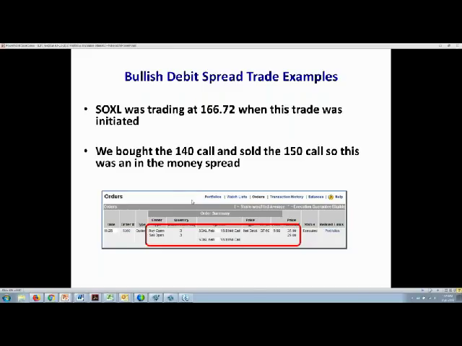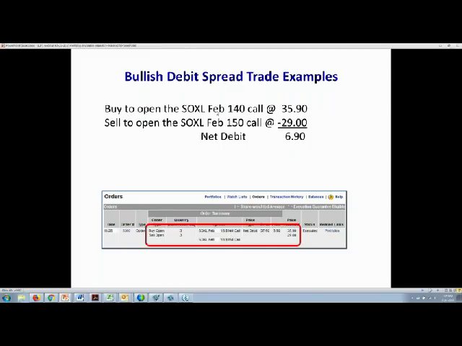At the time, SOXL was trading at 166.72 when we initiated the trade. So we bought the 140 call, sold the 150 call, and they were both in the money. So this was an in the money debit spread because both strike prices were below the current trading price of the ETF.